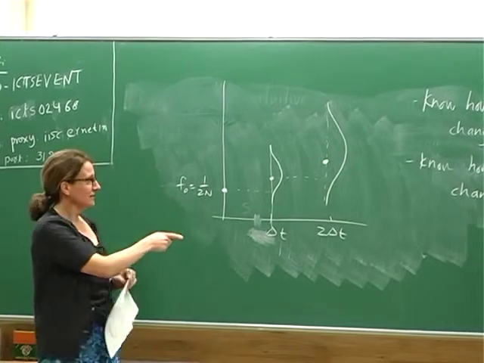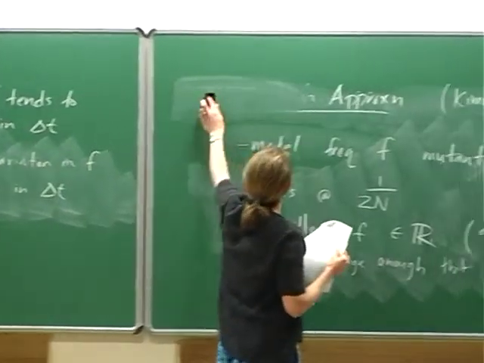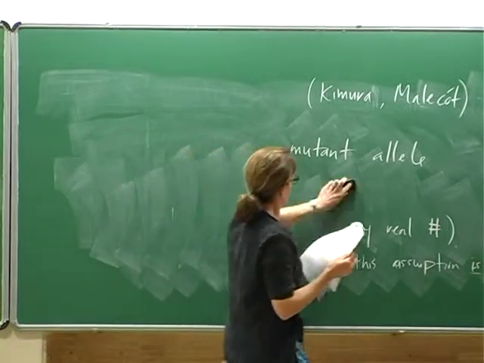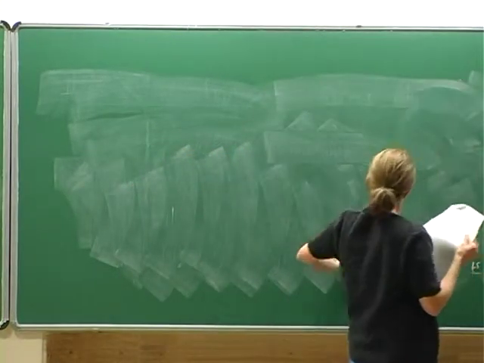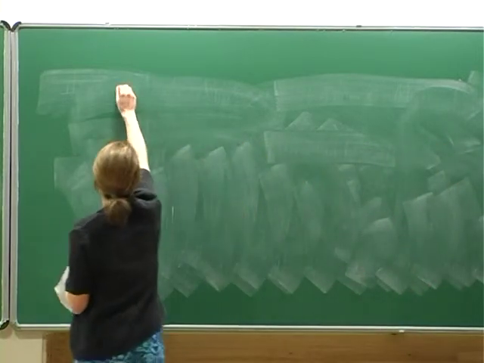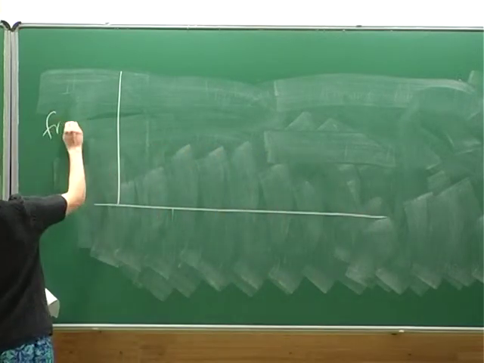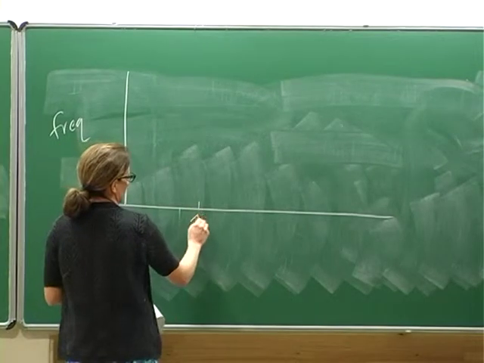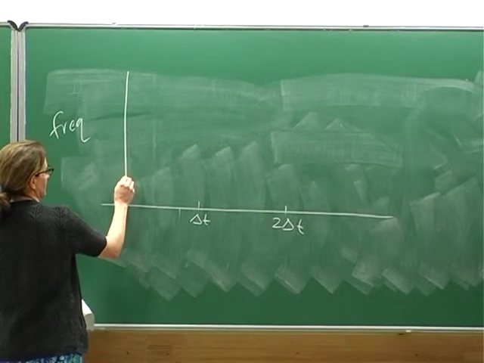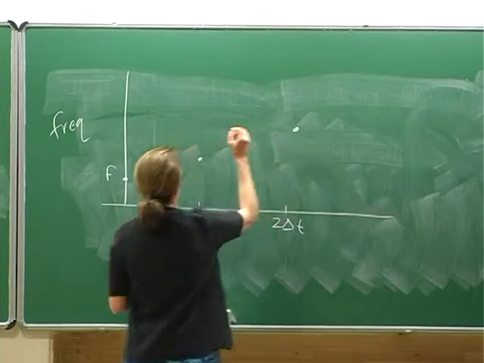Okay, except they don't look quite like that. I'm going to draw again. For the cases that we care about, again, frequency, here's delta t, 2 delta t, here's f. But I'm going to draw a wider distribution so you can see.